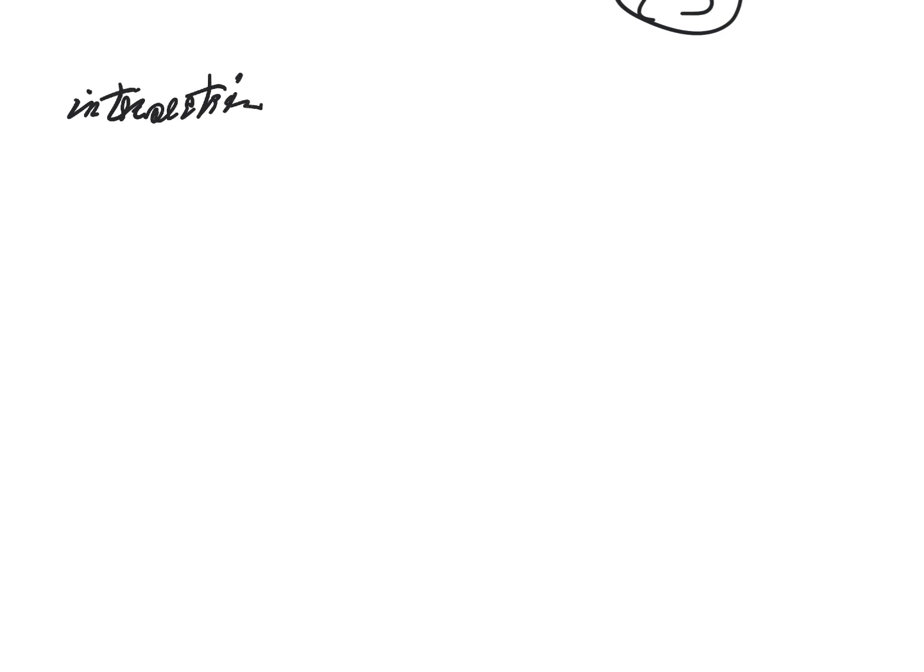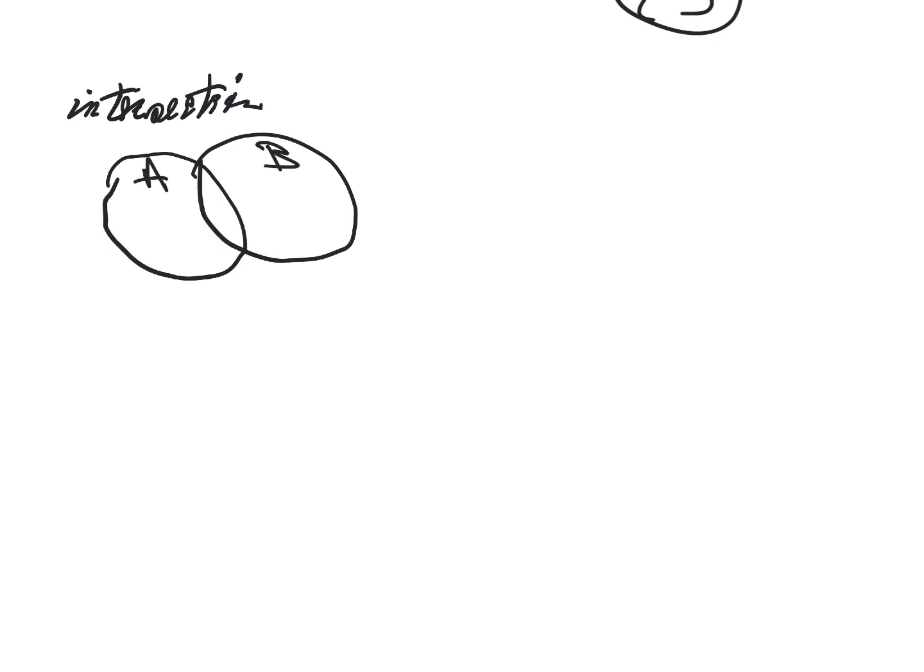And that is a terrible writing of intersection, but an intersection is what is common to both set A and set B. So remember, union meant that it could be in A or B. Intersection says that it has to be in both A and B. So rather than or, A or B, it has to be A and B. So that means an intersection only includes those elements that are common to both A and B.